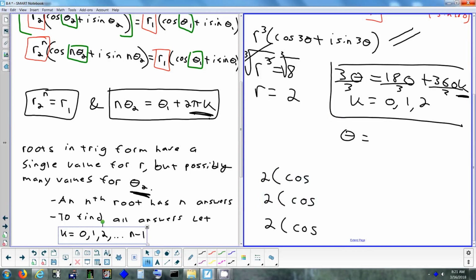And we get 180 divided by 3 is 60, plus 120k. Okay, so let's start with 0. 120 times 0 plus 60 is how much? Yep, 60. That's your first answer.